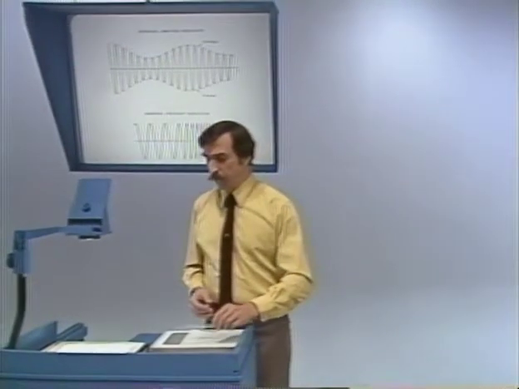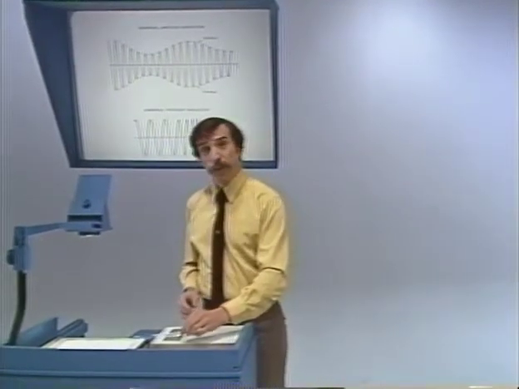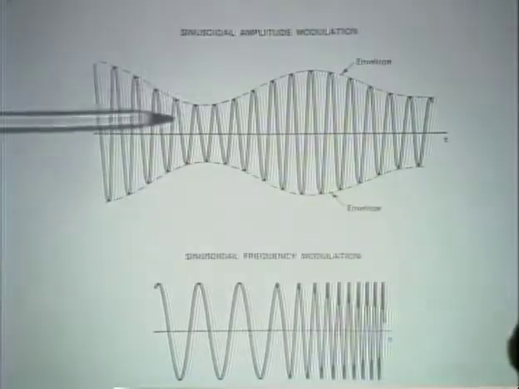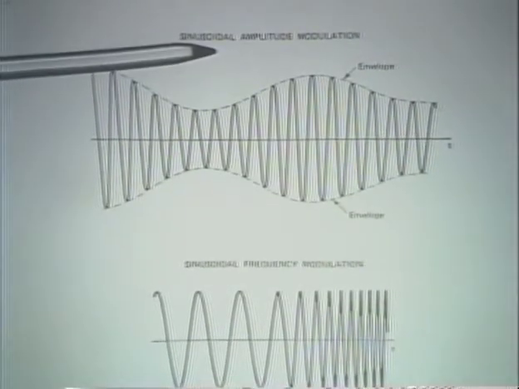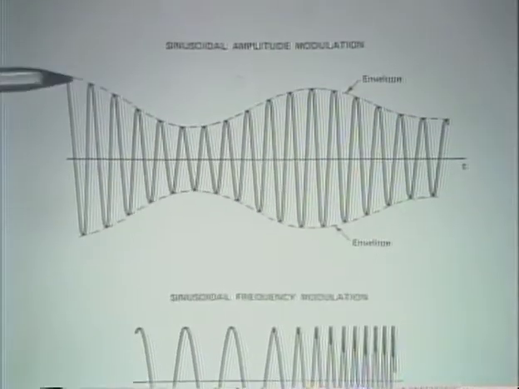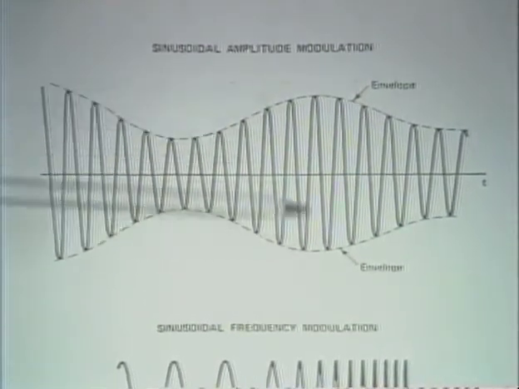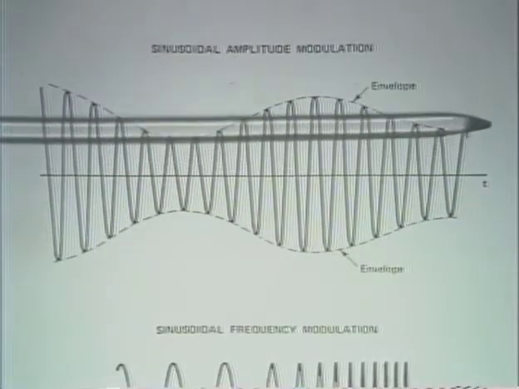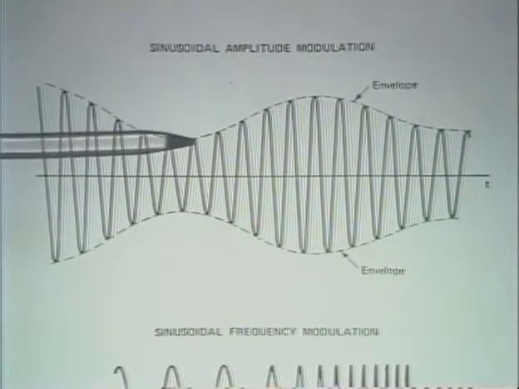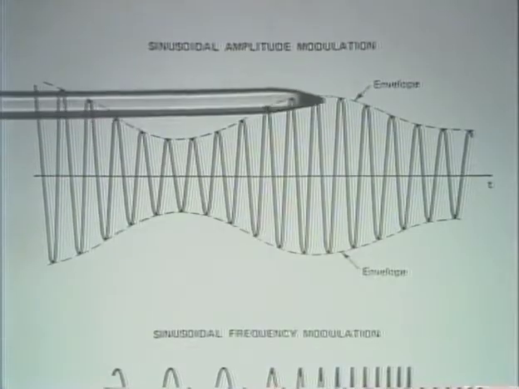And what that leads to is a notion which we'll develop in some detail, referred to as sinusoidal amplitude modulation, and would correspond to a sinusoidal signal referred to as the carrier, and its amplitude being varied on the basis of another signal.